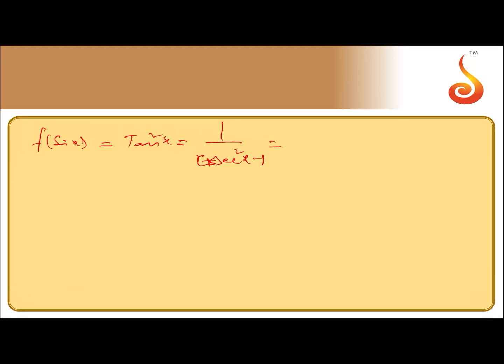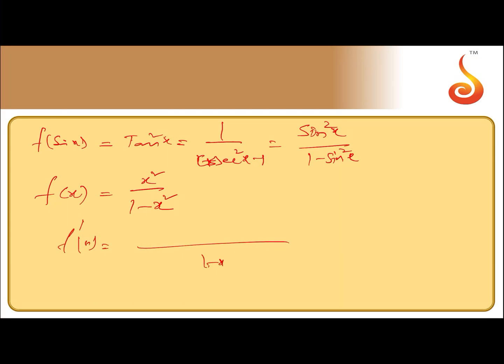Cosecant square is 1 by sin square x, and therefore it can be written as sin square x divided by 1 minus sin square x. If I replace sin x as x, it becomes x square divided by 1 minus x square. Now we would like to find the derivative of this function.